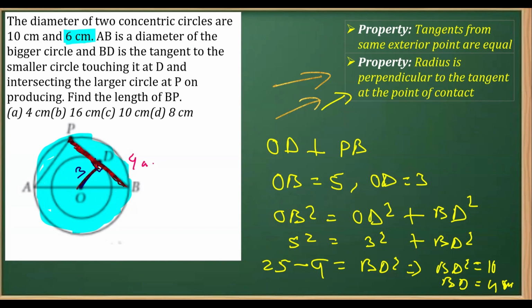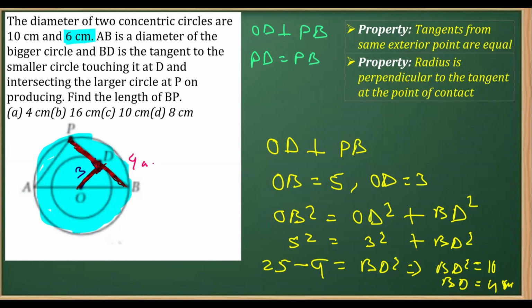This is a chord, and this is the perpendicular drawn from the center. What we know is that a perpendicular drawn from the center bisects the chord, right? So since OD is perpendicular to PB, we can say that PD is equal to BD. Well, I forgot to write that here: perpendicular drawn from the center bisects the chord.